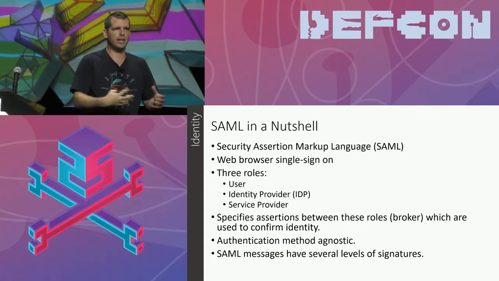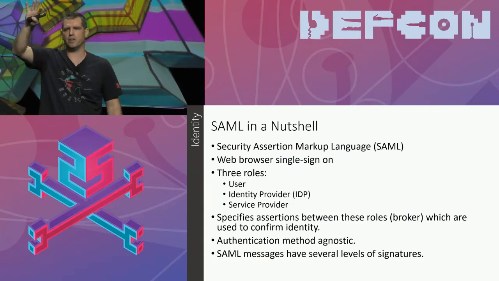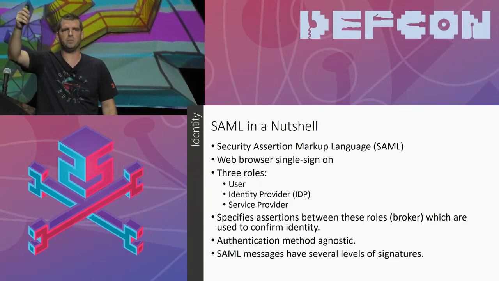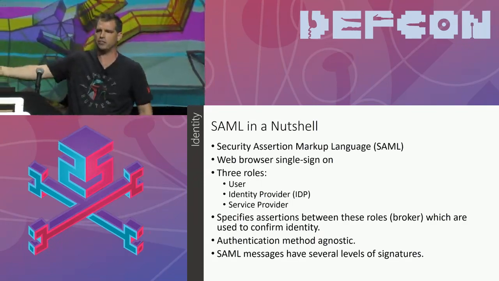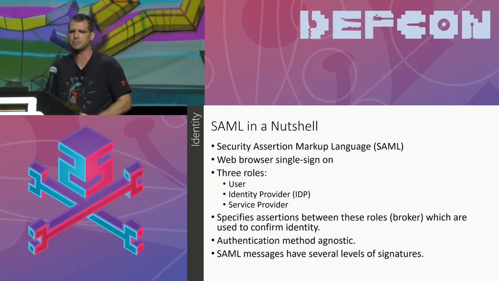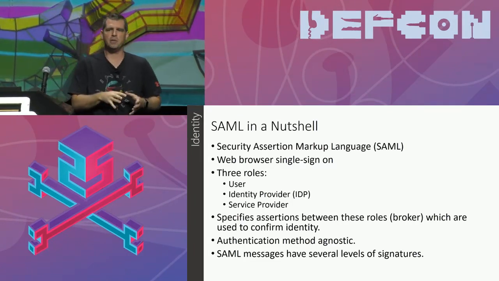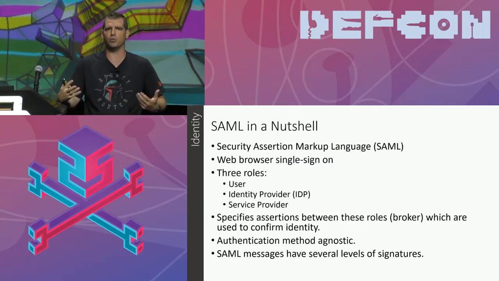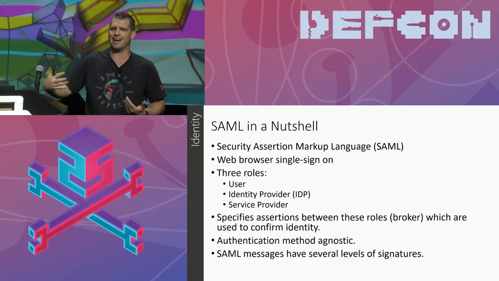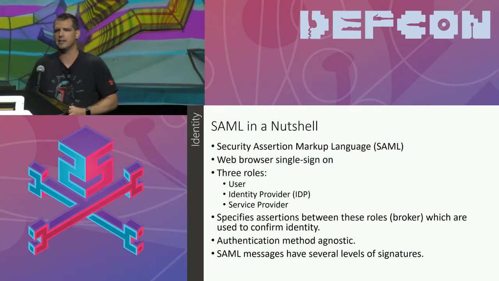And so what ends up happening is the user goes to the federation server or the identity provider and proves their identity, gets those claims in that token, and then can access that service provider, just like in Kerberos. And so SAML in this instance is specifying the assertions that are handled between these roles, or what's required in order for that service provider to identify that user and know who they are.